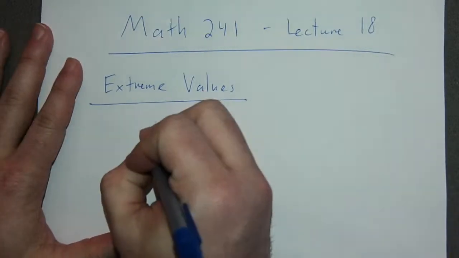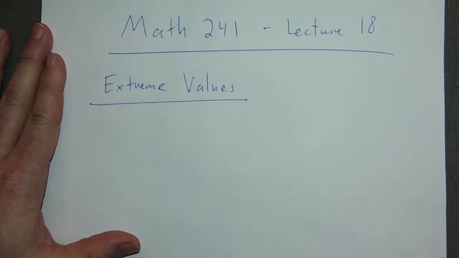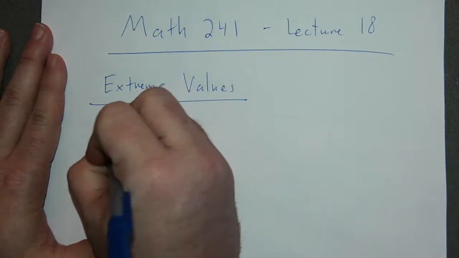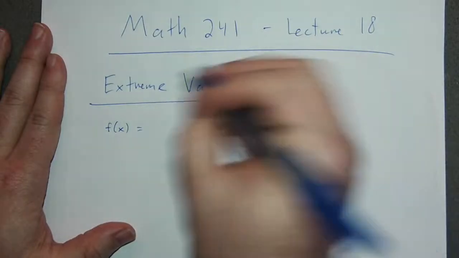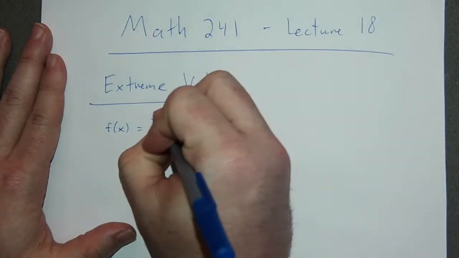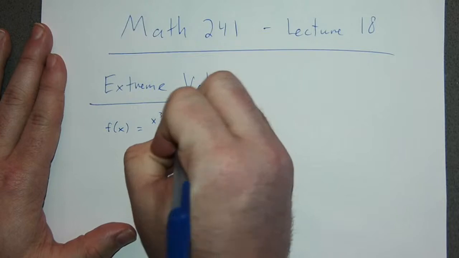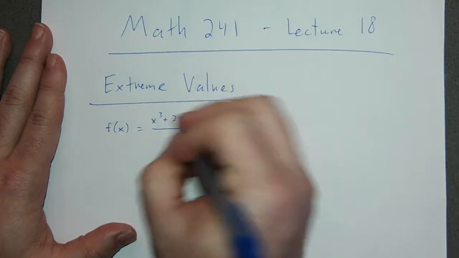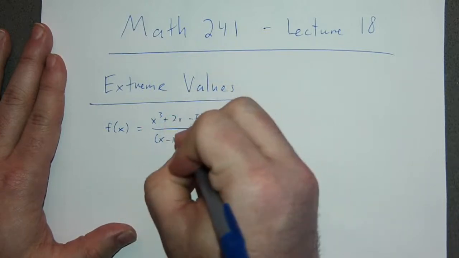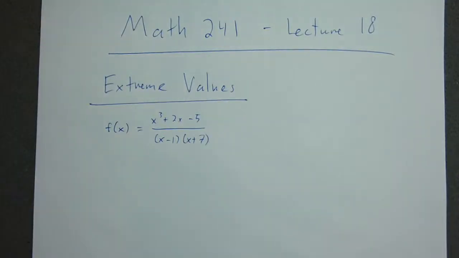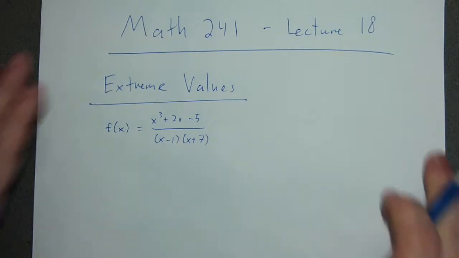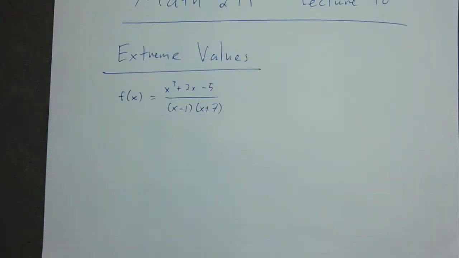The idea was that if I gave you some closed form expression for a function, say x cubed plus 2x minus 5 over x minus 1, x plus 7, in Calc 1 land, what were you told to do?